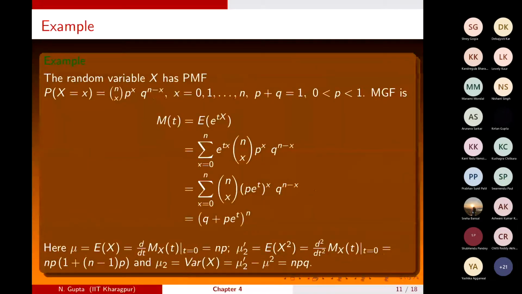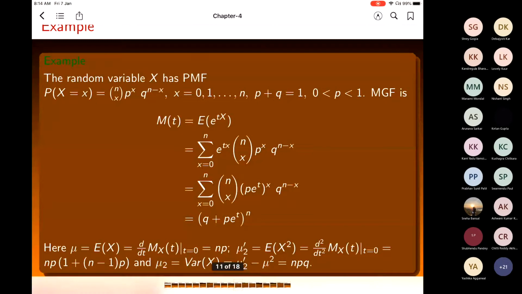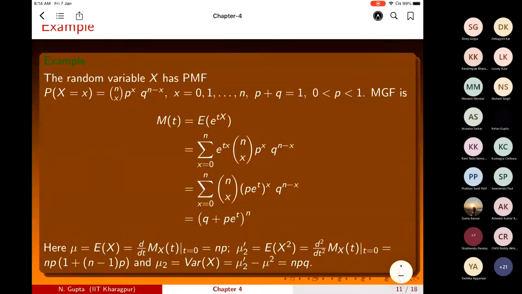So the random variable X has the probability mass function nCx p raised to power x, q raised to power n minus x, x is 0, 1 to n, p plus q is 1, p is between 0 and 1. Then the moment generating function is the expected value of e raised to power tX.